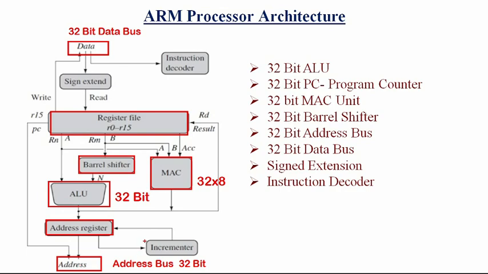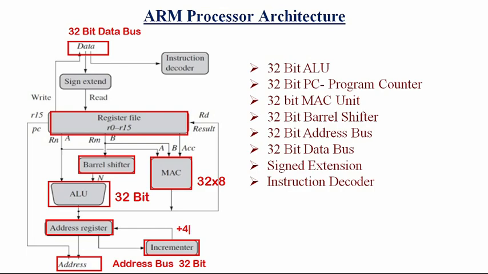Apart from this, in the architecture we have an incrementer, also called the address incrementer. When you are operating in ARM mode, it increments every time by 4, that is, 4 bytes of memory location.